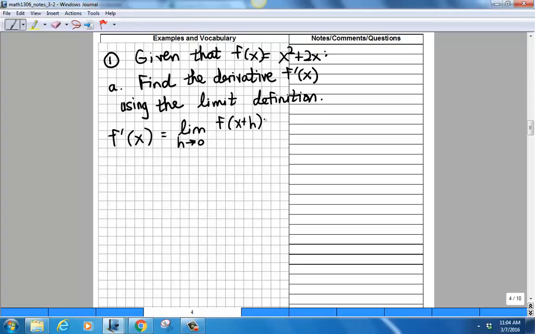Minus f of what? x. Minus f of x. All of that divided by x plus h minus x. Yeah, I do know it's going to cancel out, so I could just write h. You're right. Okay. I just like to keep re-emphasizing that what we're finding here is a slope.